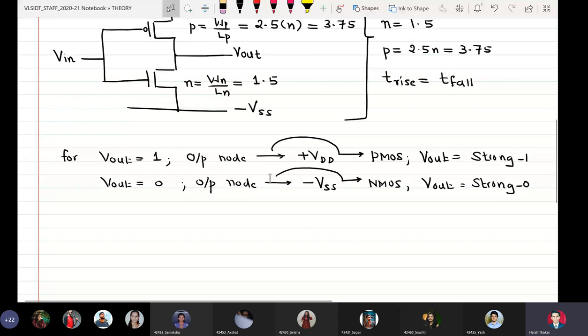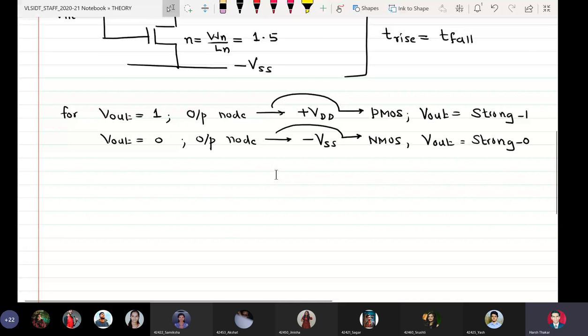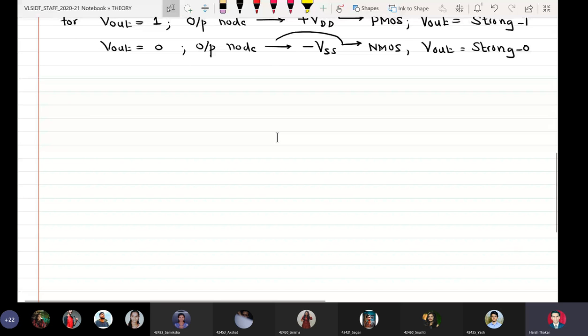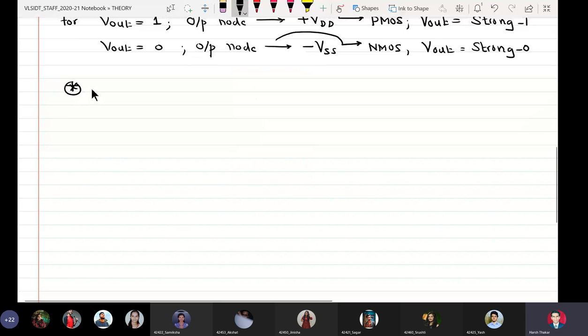The size of the device through which the output node gets connected to VDD gets the name pull-up strength. So we can first define what is pull strength, and then we will define pull-up strength and pull-down strength.